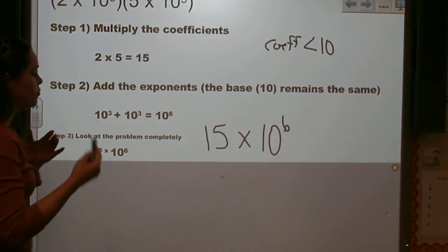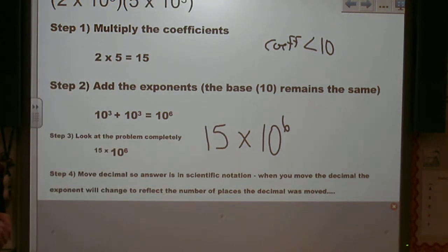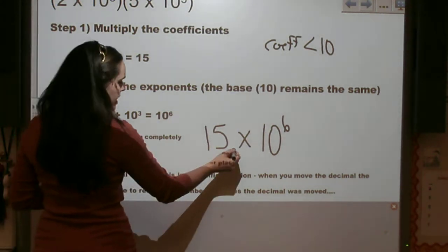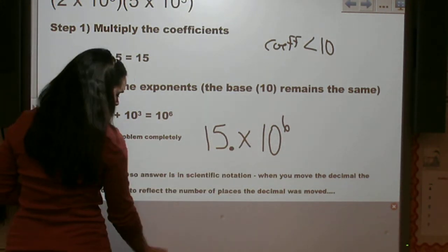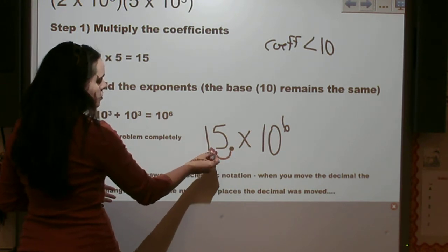So we need to move the decimal. Our last step is to move the decimal so the answer is in scientific notation. And remember, when you move the decimal, the exponent will change to reflect the number of places the decimal was moved. Right now the decimal is here. To get it into scientific notation, we need to move it one place to the left.